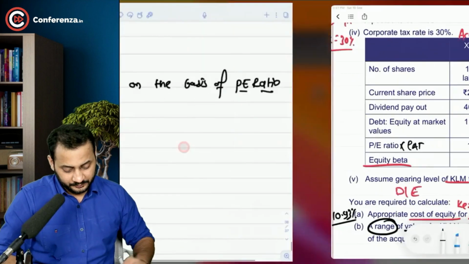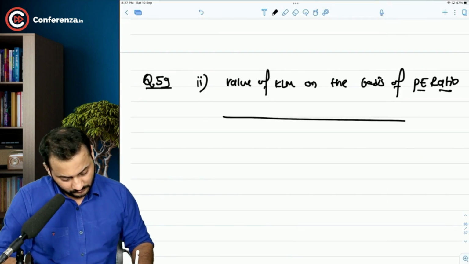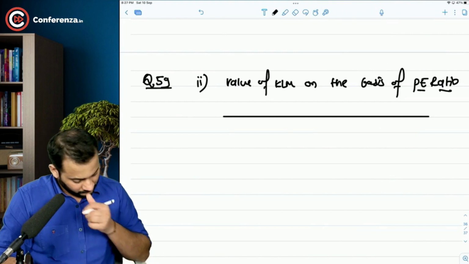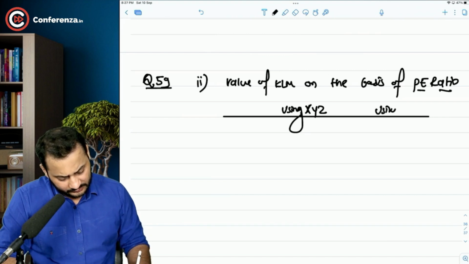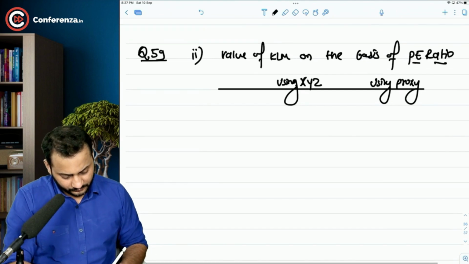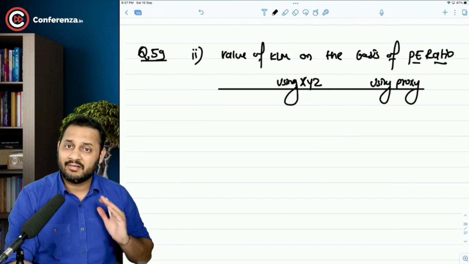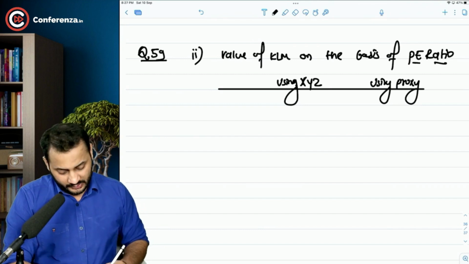I will just show you. We will write down using XYZ, using proxy. See, both of them are right. You can write down one only, you can write down both.